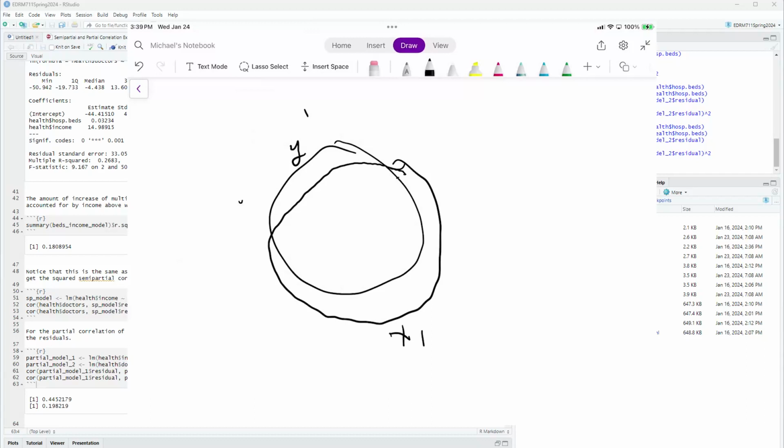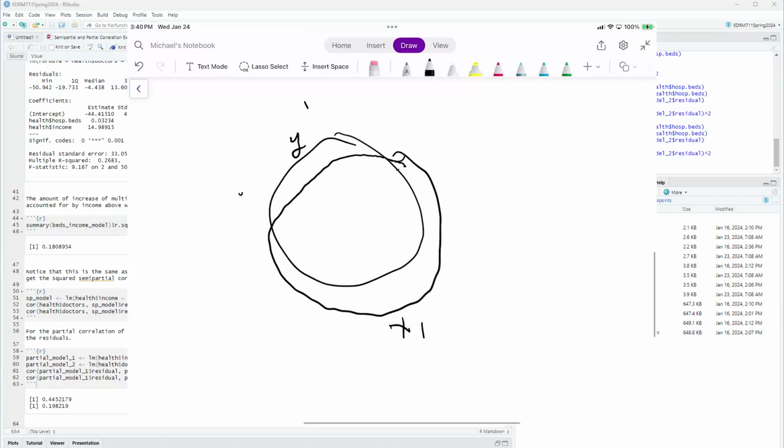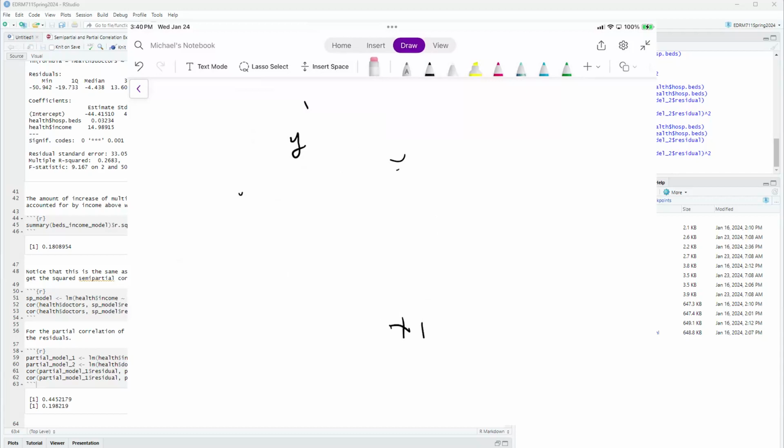Now we come along with x2, and we want to know what is the partial and the semi-partial. Well, let's suppose that x2 actually explains everything else. Sorry about that. I accidentally was using the eraser.